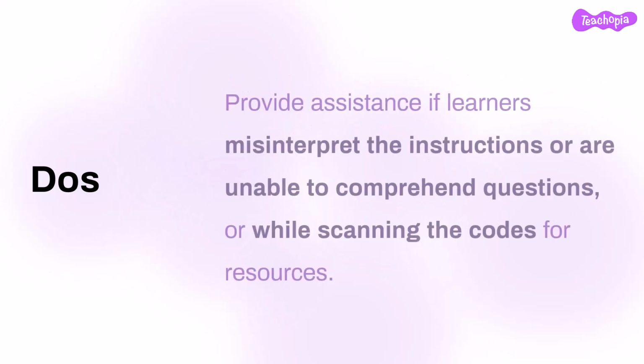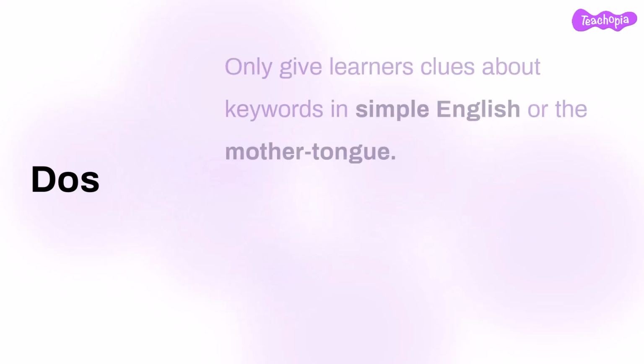Provide assistance if you observe that they are misinterpreting important instructions or questions or struggling with scanning the codes for resources. Use simple English or the learner's mother tongue to clarify keywords only if necessary.